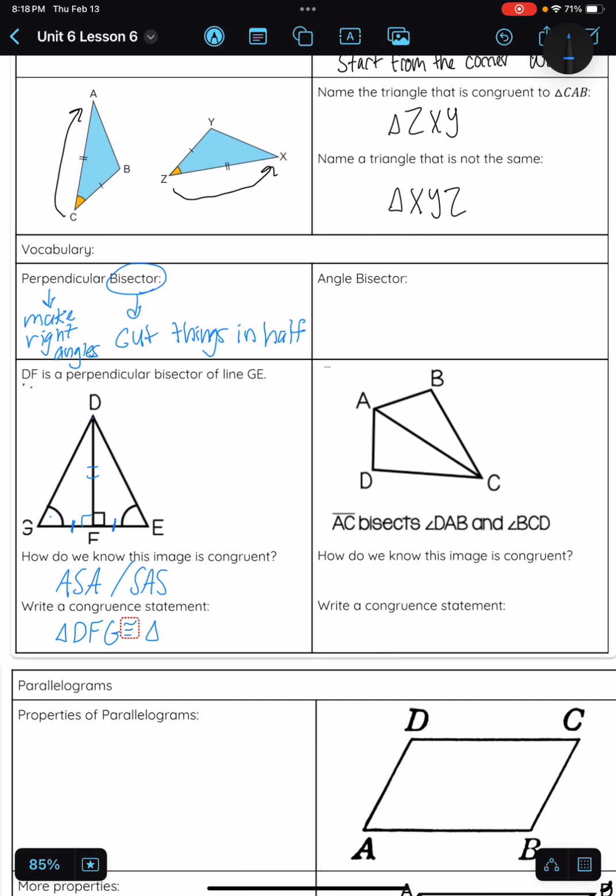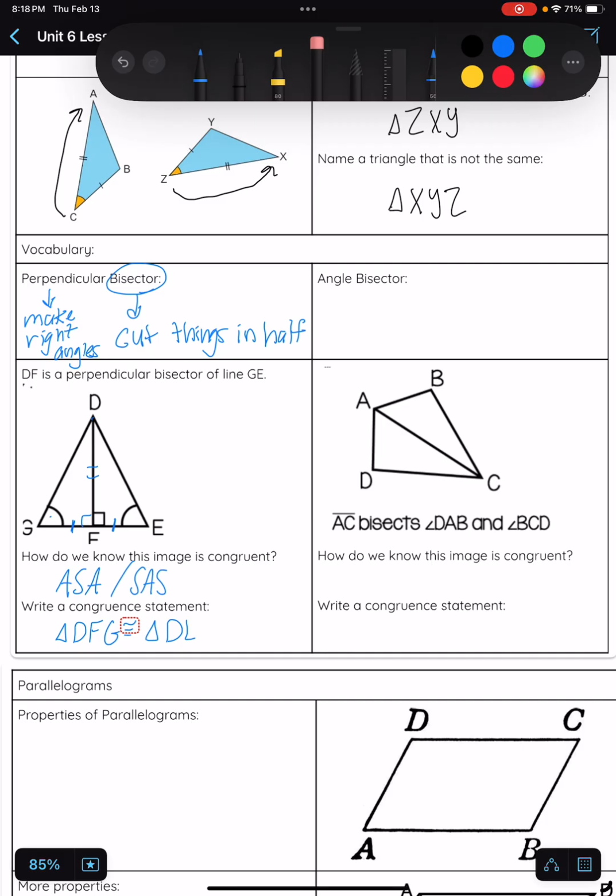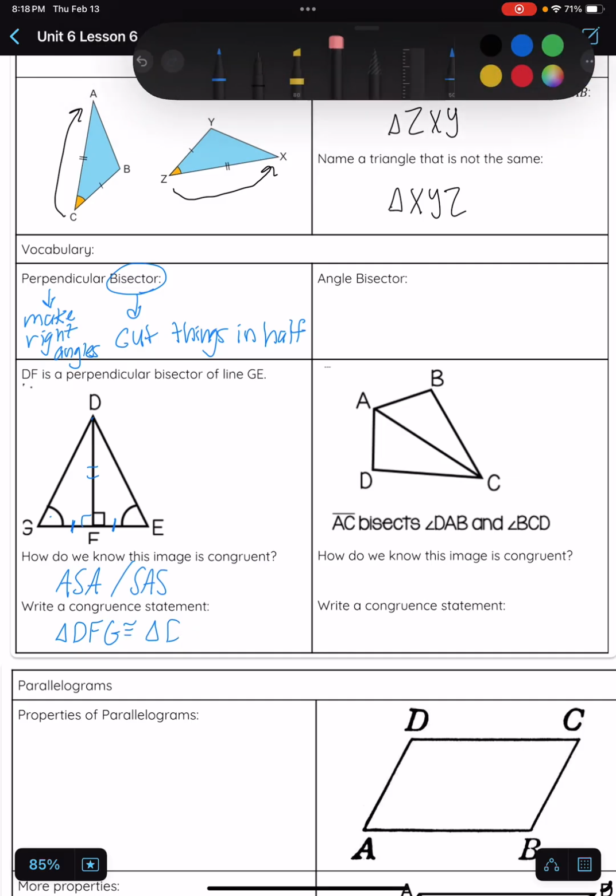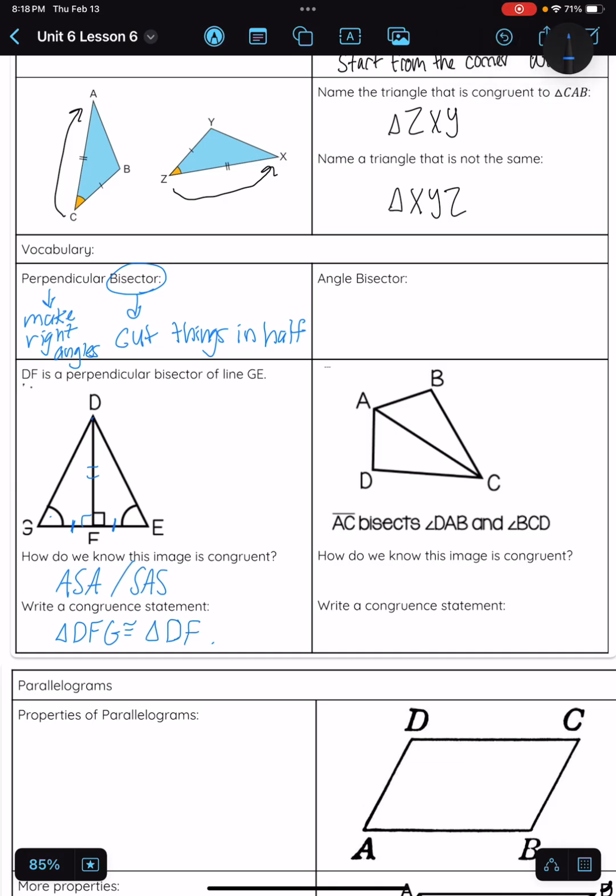So we're going from D back down to F, but this time instead of going over to G, we're going over, whoops, that should be an F, to E. So that was a quick review of perpendicular bisectors.